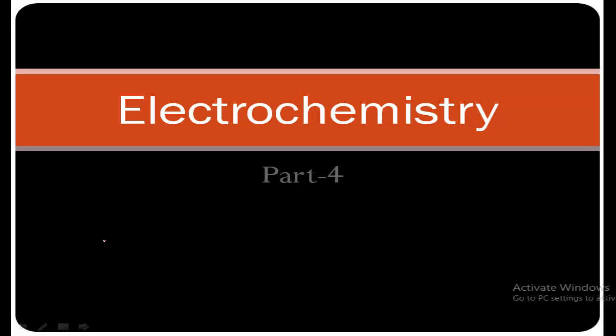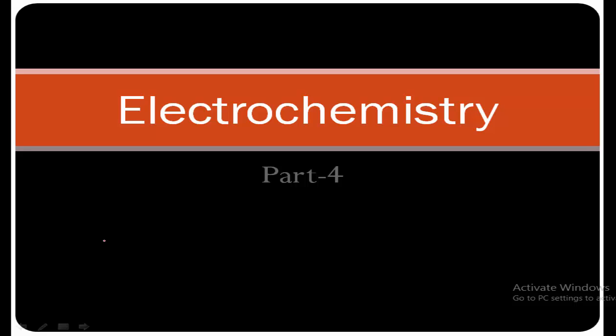In that we are discussing electrochemistry. In the previous video, we studied how to calculate the electrode potential for any cell at any concentration. We saw one example to find the electrode potential value at any concentration, the Daniell cell.